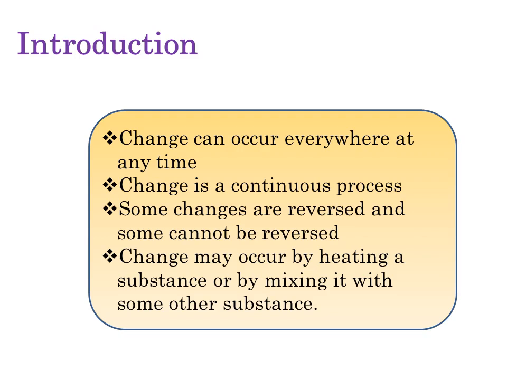Everything around us is undergoing a process of change. So when we introduce this chapter, we will always say that change can occur everywhere at any time, and change is a continuous process. Some changes can be reversed and some cannot be reversed, and changes may occur by heating a substance or by mixing it with some other substance.